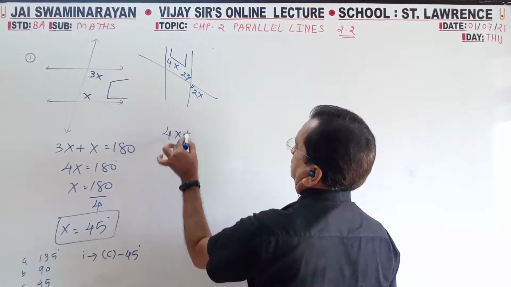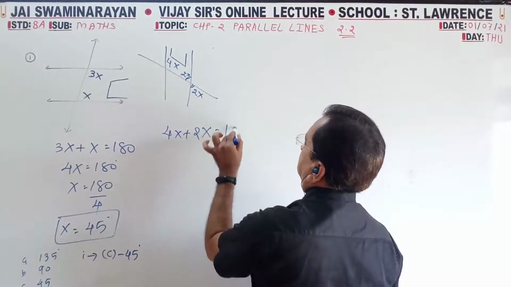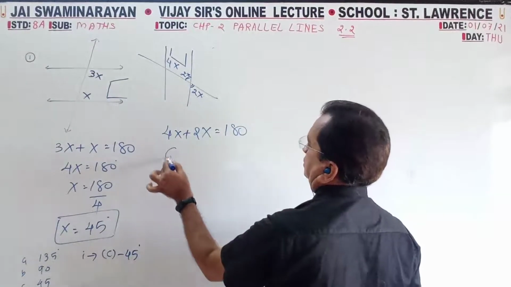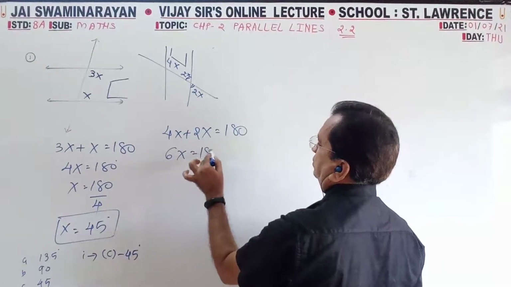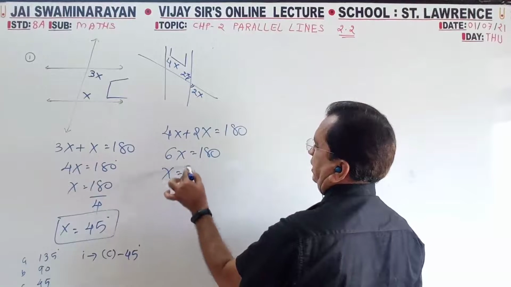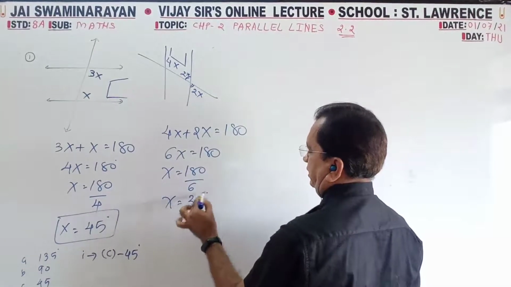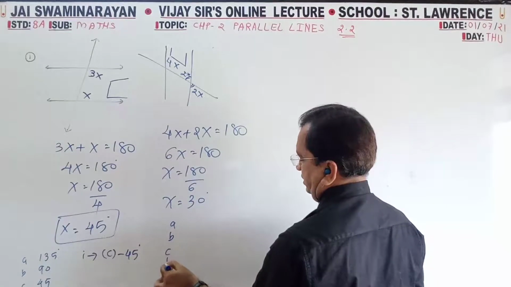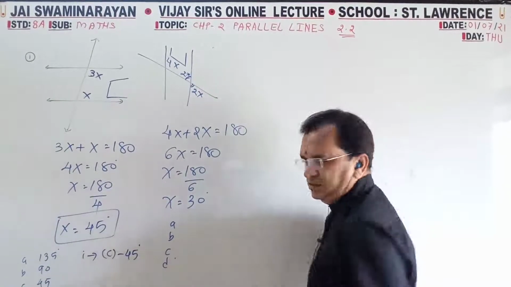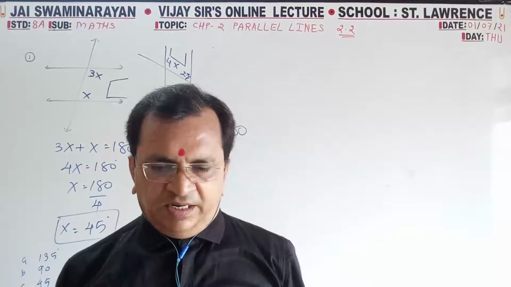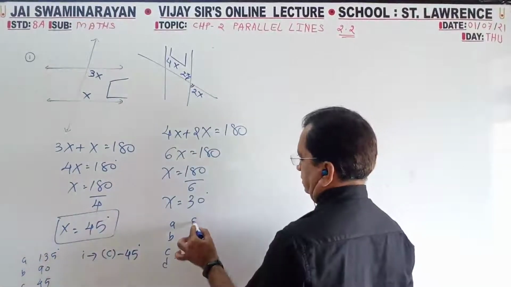So 4x plus 2x is equal to 180. So 6x is equal to 180. x is equal to 180 divided by 6. x is equal to 30 degrees. The options are A, B, C, D: 90, 60, 45, 30.